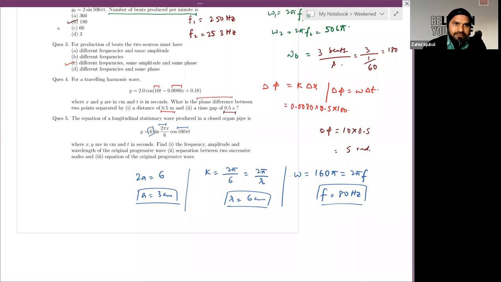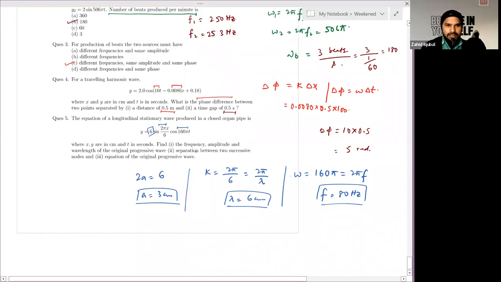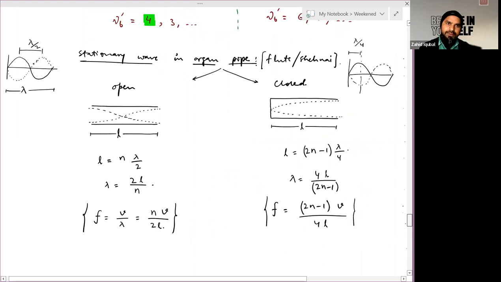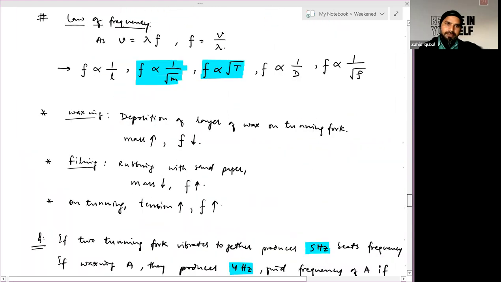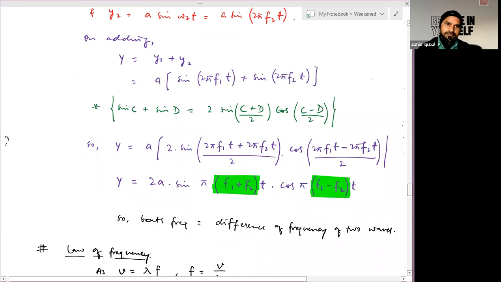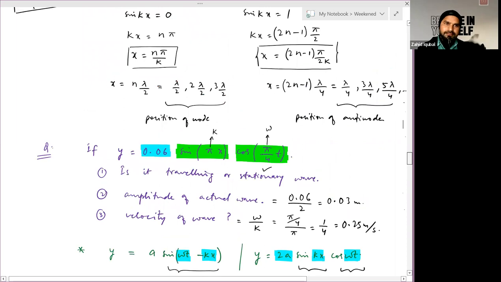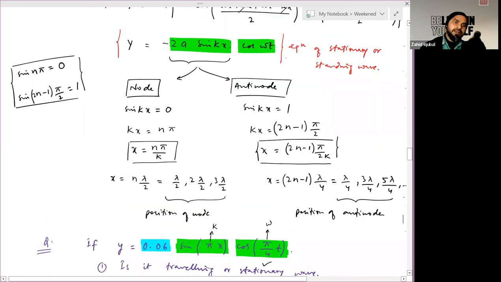Now from this part, we have to define separation between two successive nodes. In last class in a stationary wave, we have calculated position of node and antinode. Let me just show you. This is node. So this will be one of the node. This will be other node. We have to calculate distance between two consecutive nodes.